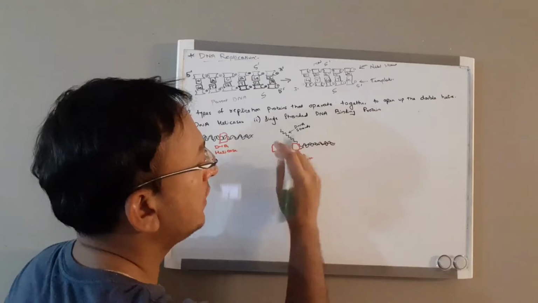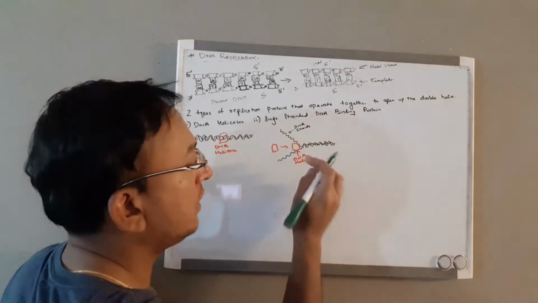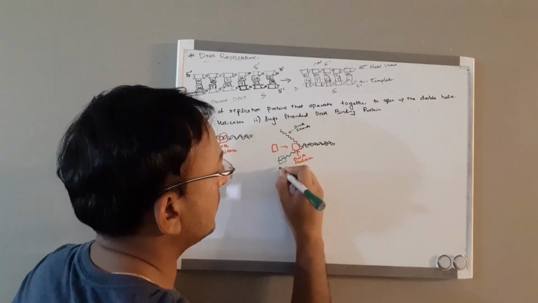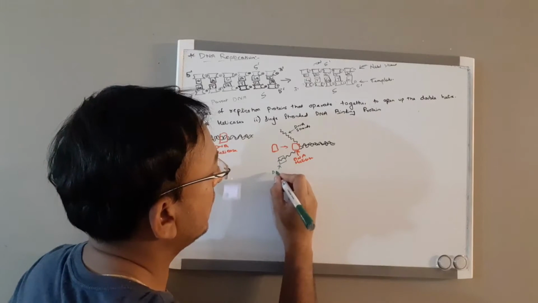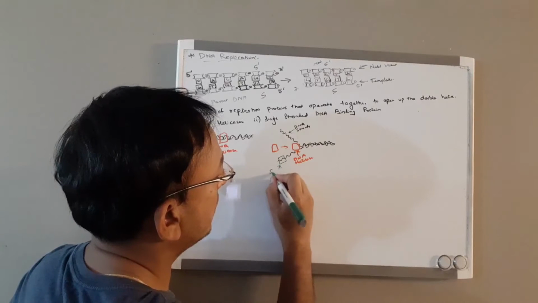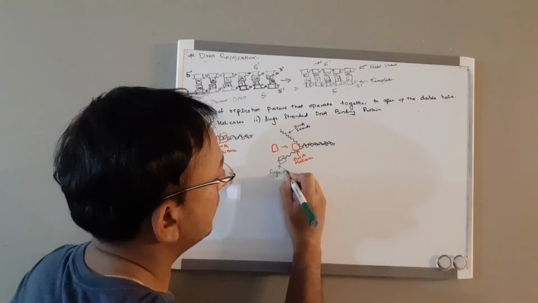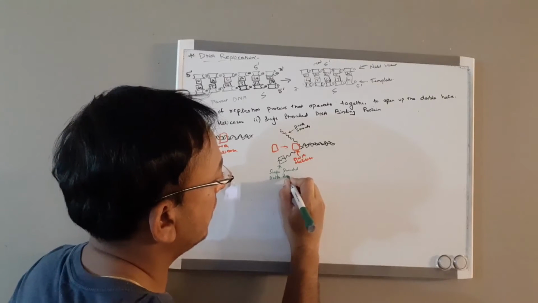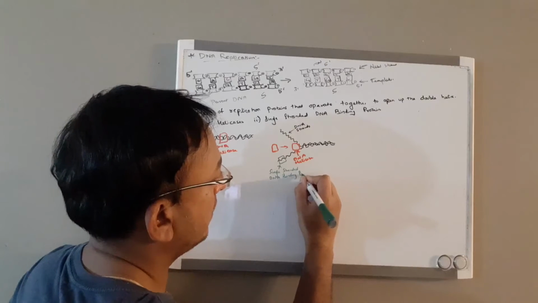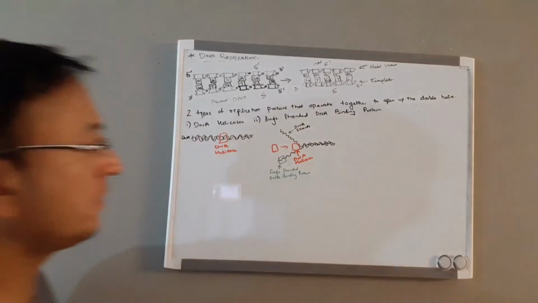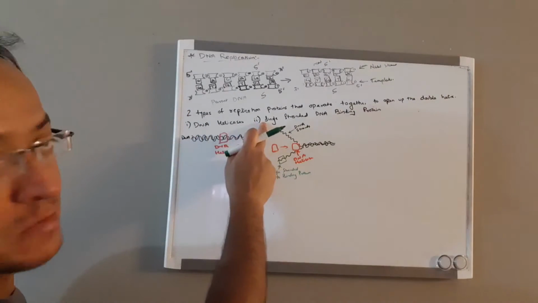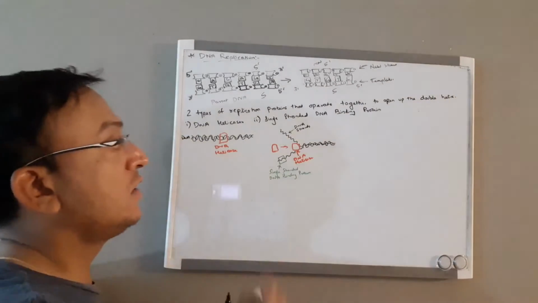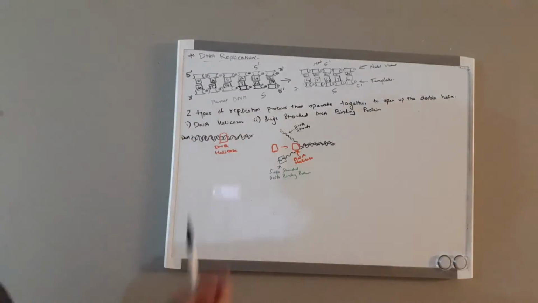For example, DNA helicase opens the DNA, and the single stranded DNA binding protein sits here. As the name suggests, it clings to just the single strand of the DNA.